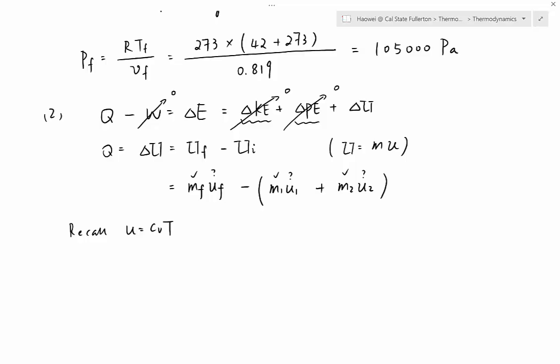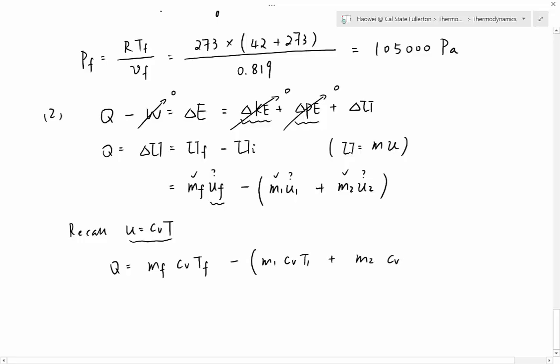All right, so this question becomes Q equal to MF. Now we rewrite UF with this equation. It becomes CV times TF. Then we do the same thing for U1 and U2. It becomes M1 times CV times T1, and this becomes M2 CV times T2.